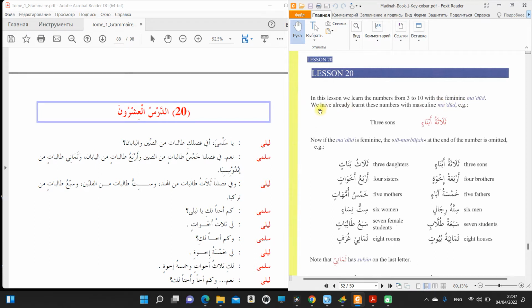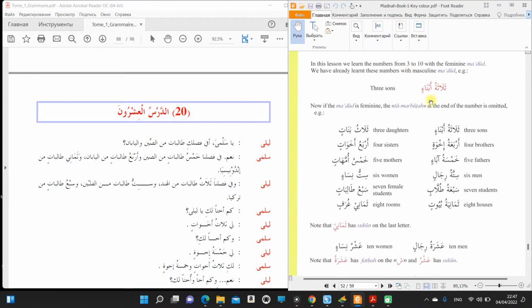As it says here, we have already learned these numbers with masculine ma'dud. For example, ثلاثة أبناء. Now, if the ma'dud is feminine, the ta marbuta, see this ta marbuta at the end of the number, is omitted. So it's almost the same, with the exception that this ta marbuta is omitted. For example, 3 sons, ثلاثة أبناء. أبناء, sons, they are masculine, therefore ta marbuta is present.